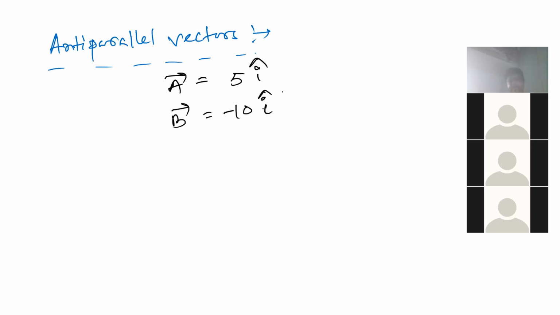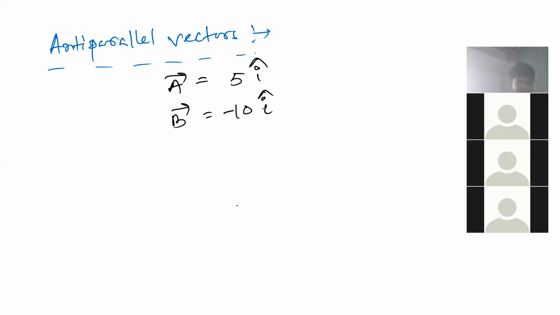In this case, one vector has the value 5 I cap and the other is minus 10 I cap. That means the two vectors are not working along the same direction. They are working along opposite directions.